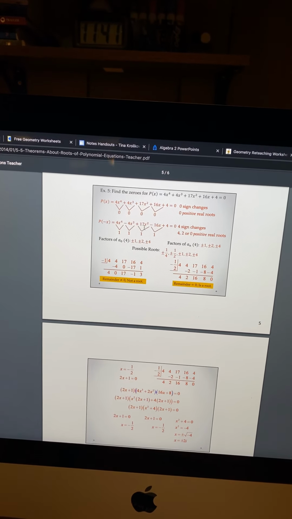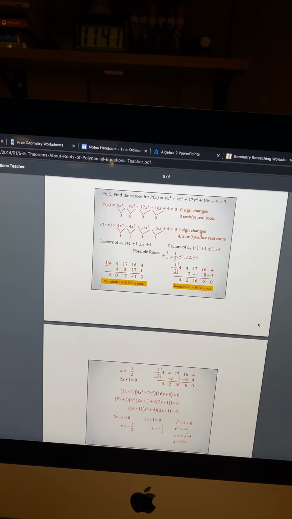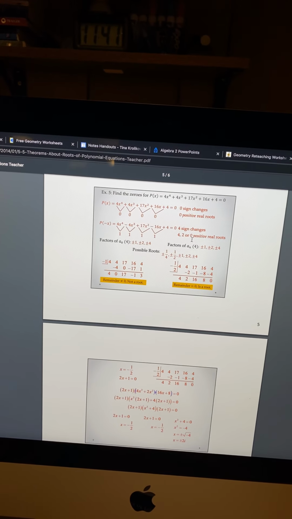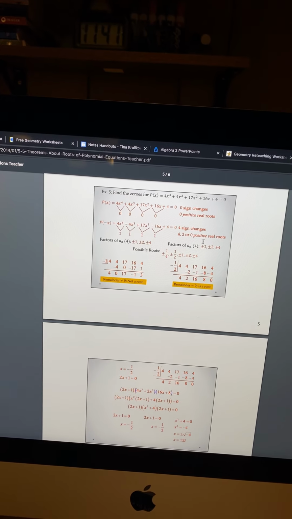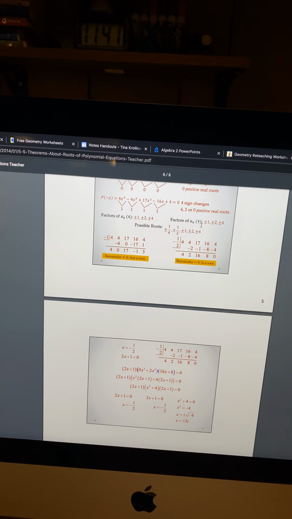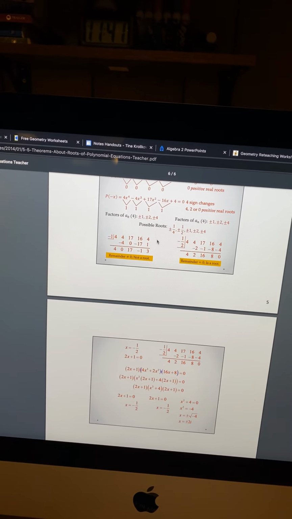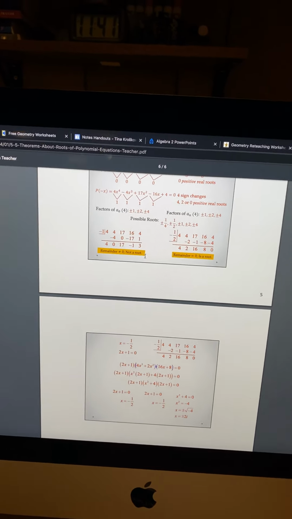Now this one, we have 1, 2, 3, 4 sign changes. So 4, 2, or 0 positive real roots. So we can factor this one. All right, so those are a couple examples that we can utilize.